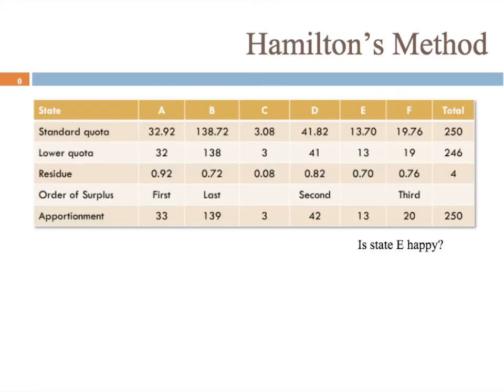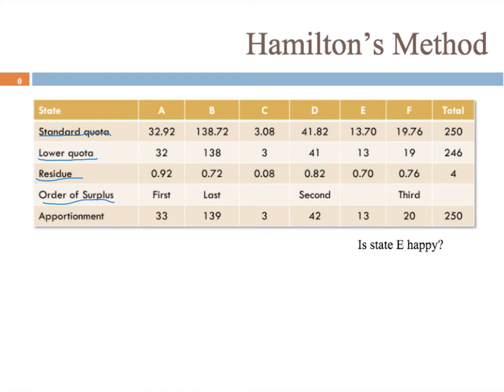Alright, so here's the chart as a whole. We have our standard quota that we solved for. We rounded everything down. Okay, then we look at each state's residue, and then we assign the surplus seats, depending on, of course, how many there are, to the highest residue. All right, and then you have your final apportionment from Hamilton's method.